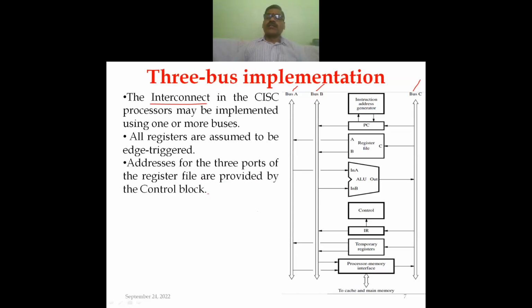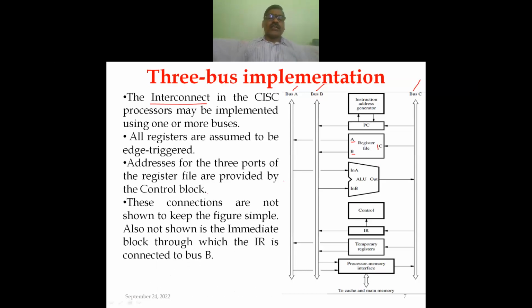The control block is responsible for providing these A, B, C ports for this register file. These connections are not shown, to keep this figure simple. Also, the immediate block connects the IR to bus B. The instruction register is connected to bus B via this control block.